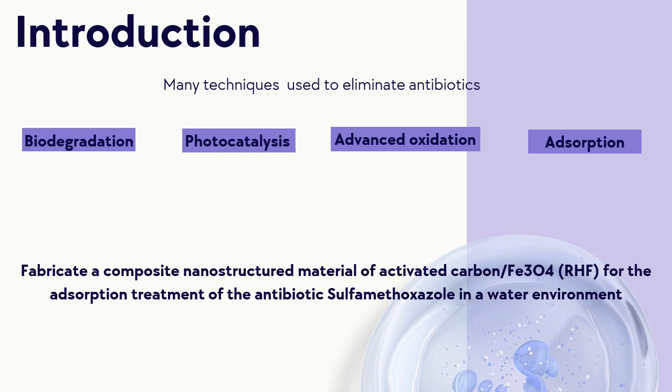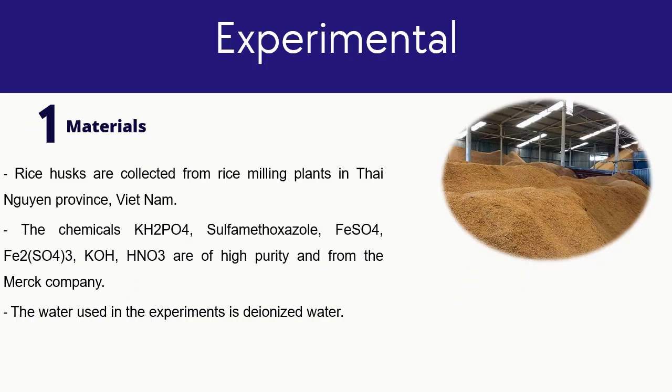Now we move to section 2, the experimental. For the materials, I used rice husk collected from a rice milling plant in Thái Nguyên province in Vietnam. The chemicals used are potassium phosphate monobasic, sulfamethoxazole, ferrous sulfate heptahydrate, ferric sulfate, potassium hydroxide, and nitric acid.